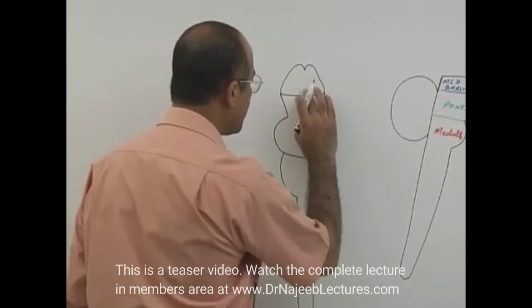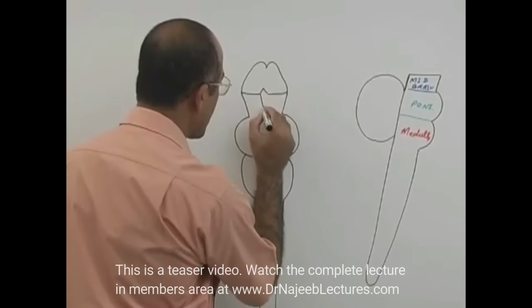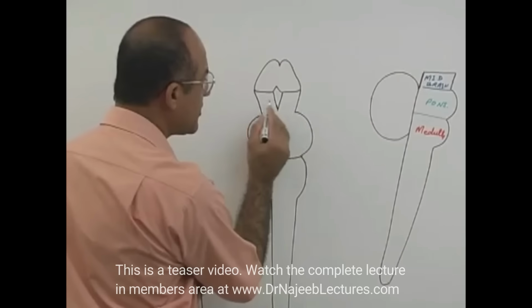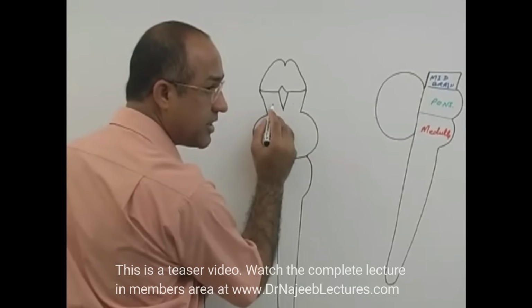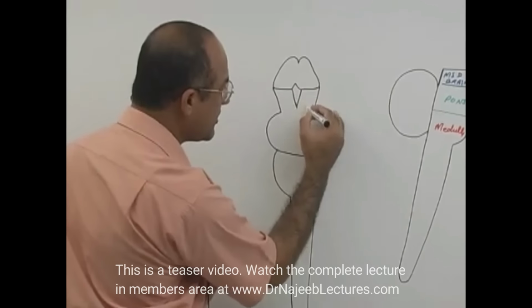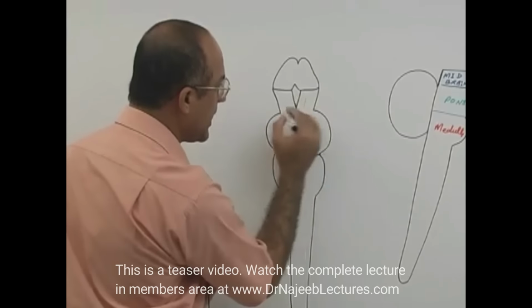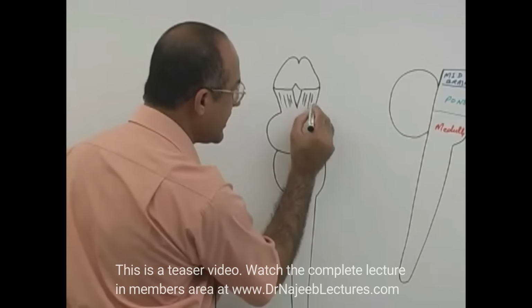And these structures, this rope-like structure and this rope-like structure, are the midbrain cerebral peduncles.